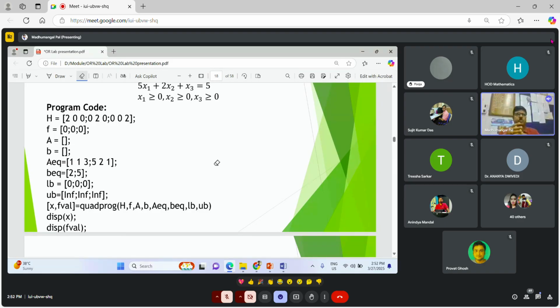So see that if you ask me to write C code or C++ code to solve this linear programming problem, it is very difficult for us because it takes a lot of time and a lot of methodologies to be incorporated. See what the advantage of MATLAB is, just using this quadprog function. This is the built-in function in MATLAB.